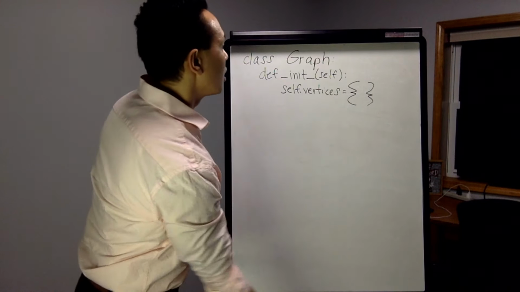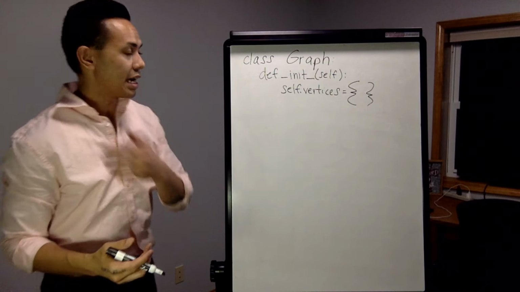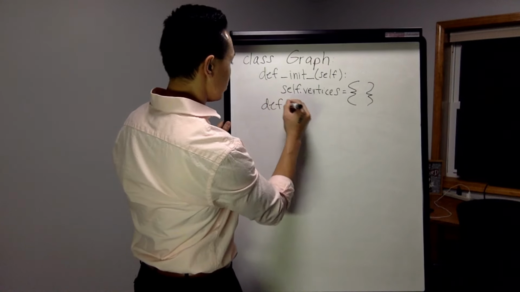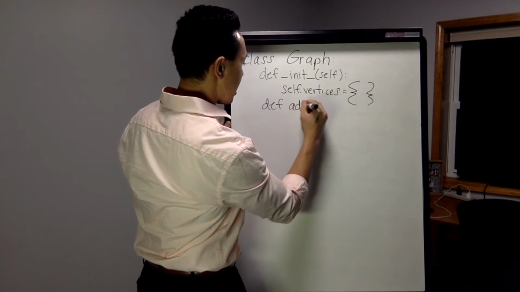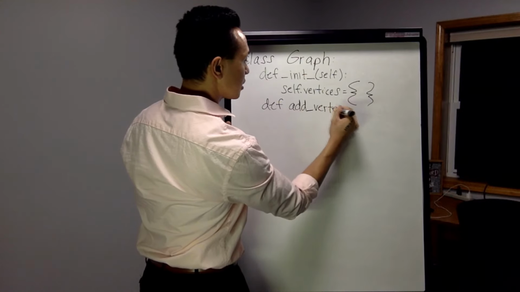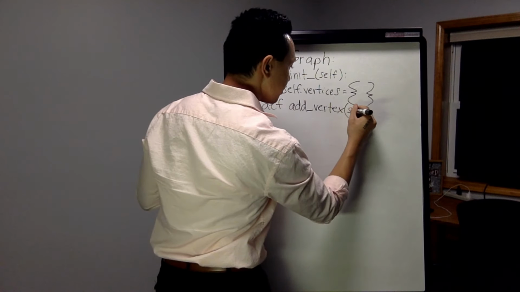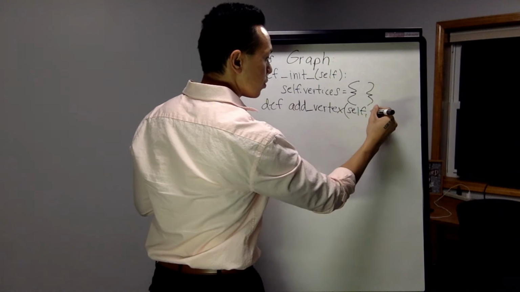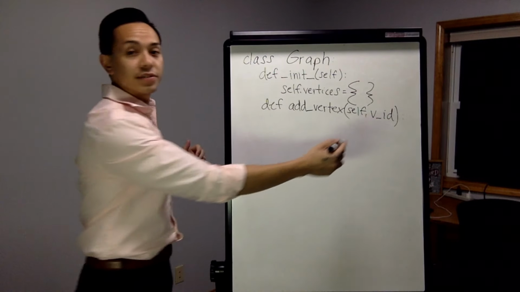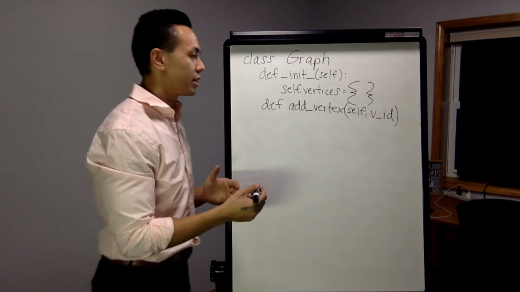Cool. All right, so the next method we're going to talk about is the add vertex method. So we're going to define add_vertex, with an underscore here, sorry. That's going to take in two parameters, self, and vertex ID. I'm just writing it shorthand, VID, okay? Now what we want to do is add a vertex.